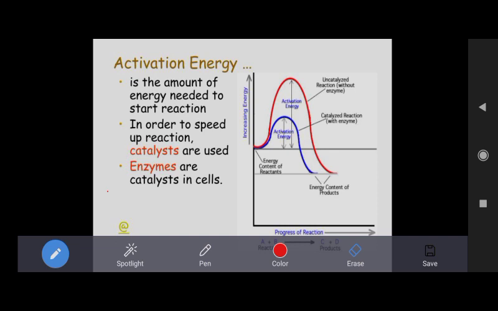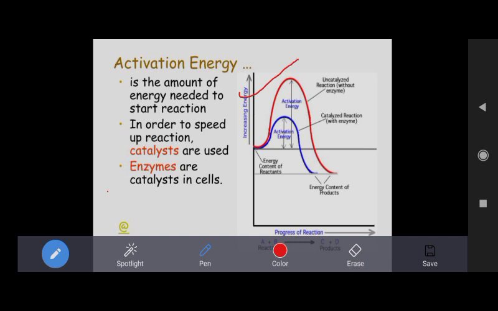Now, when an enzyme is present, this activation energy is lowered. And when enzyme is absent, this activation energy is more. This is depicted in the above graph. Here you can see in the graph, the red color plotted is the amount of the activation energy required for the reactant to get converted into product in absence of enzyme.